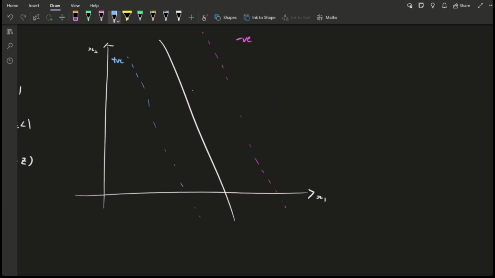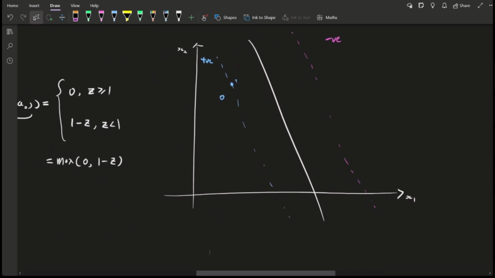If you have a point exactly on the margin, so this positive point which is on the positive margin, then in this case the loss will be 0, because we just say that the margin has the function value 1. So 1 minus 1 will be 0. So this will contribute no loss, right?